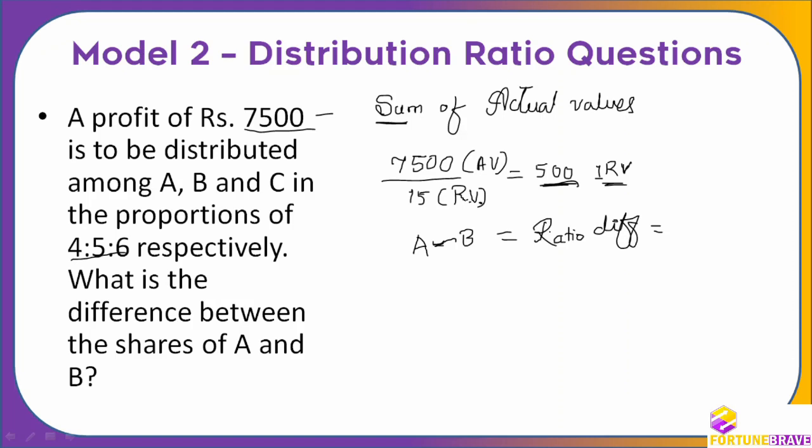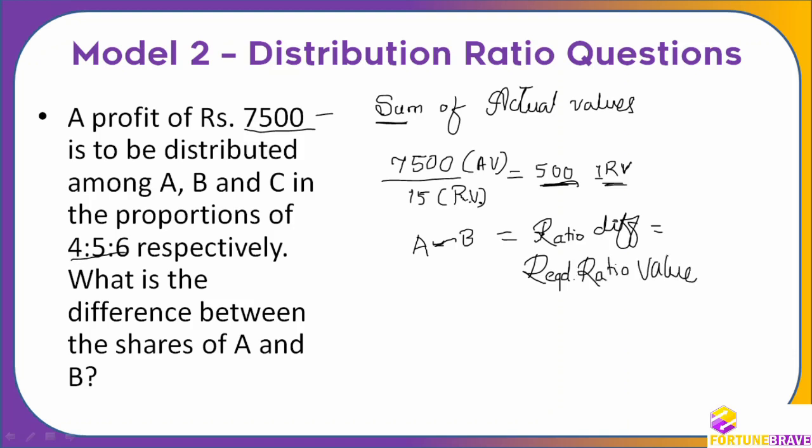Mind it, because they want the difference in actual value. So the required ratio value is the difference in ratios. Are you getting my point? The ratio difference is the value which will give us the difference in actual values.